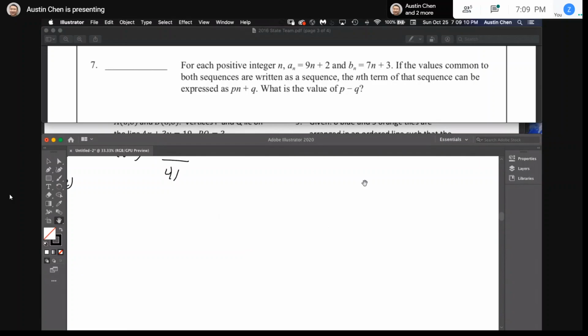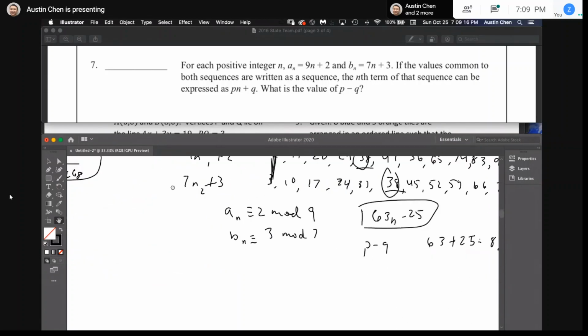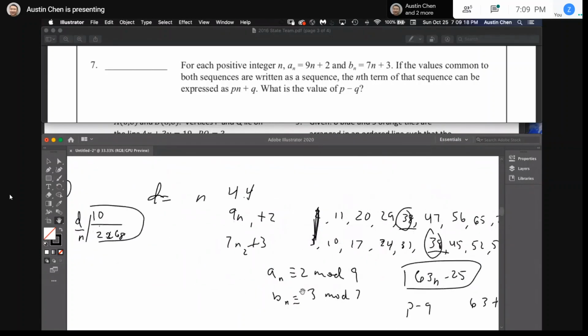What was it? Maybe it was equaling these two things together.